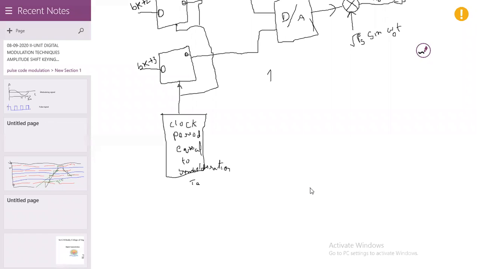Already we are familiar with the power spectral density of QPSK and M-ary PSK. We did it for QPSK. The QPSK equation is similar to this one also: BE of T root of PS cos omega naught T plus B naught of T root of PS sin omega naught T. So these are similar. What is the bandwidth of that one?